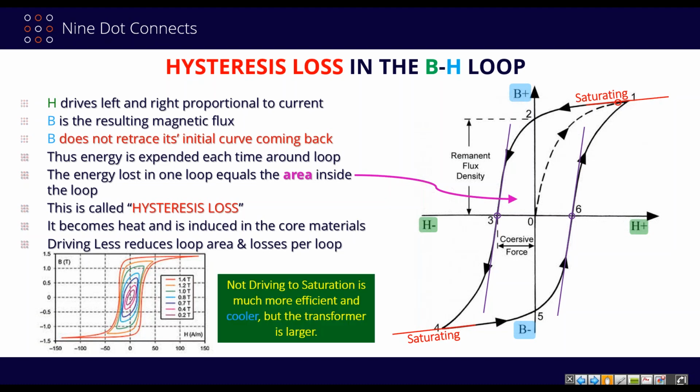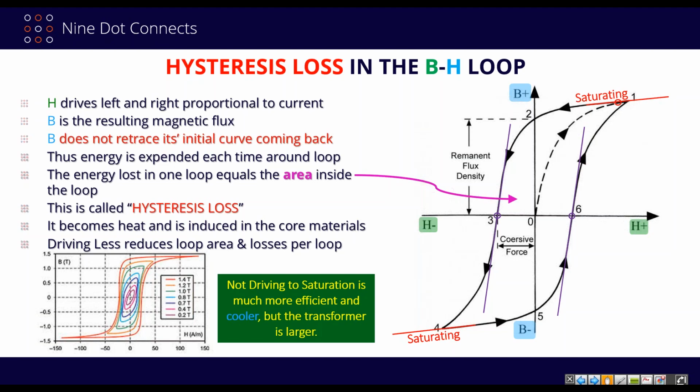If you want to have a much more efficient and cooler transformer or inductor, make sure you're not driving it as hard as you can up to saturation. Most people who start designing inductors or transformers start designing them to make them as small as possible. That's not necessarily a good thing. Make them a little bit larger. You'll see in just a moment that you don't have to make them that much larger.